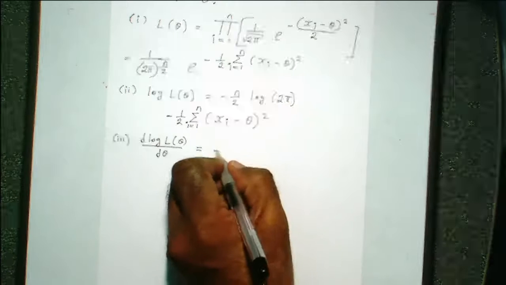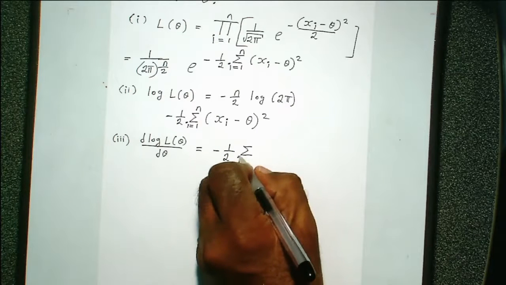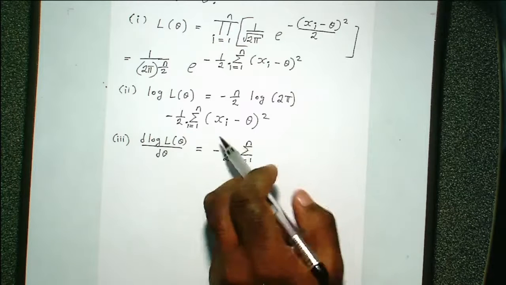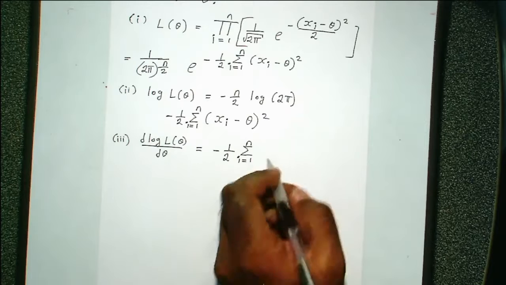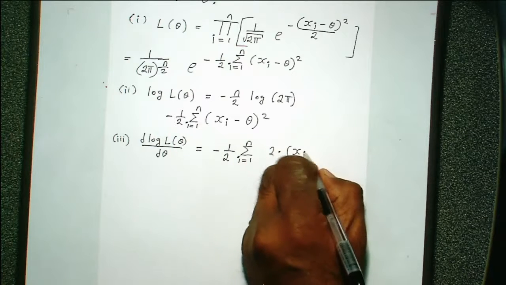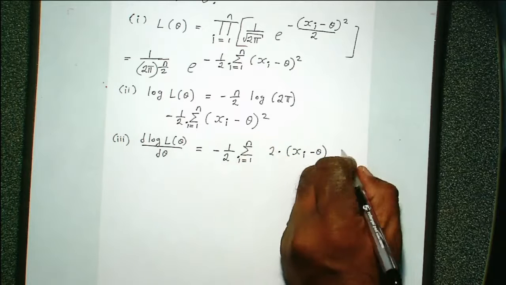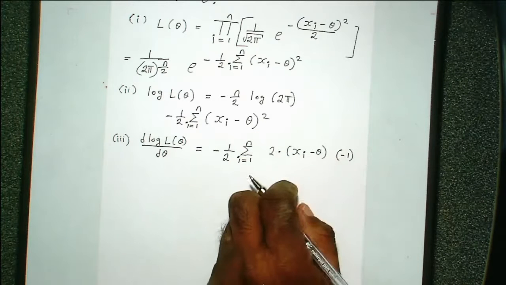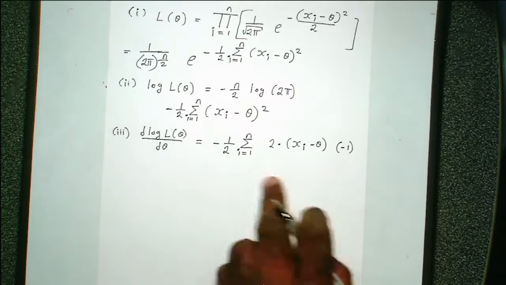And what's the derivative of this with respect to theta? 2 times, and the derivative of minus theta with respect to theta is minus 1. I use the chain rule. I'm sure you know what the chain rule is. Okay, so this is what you get.